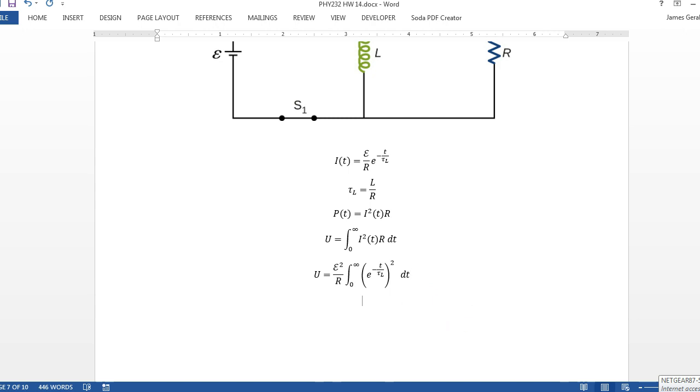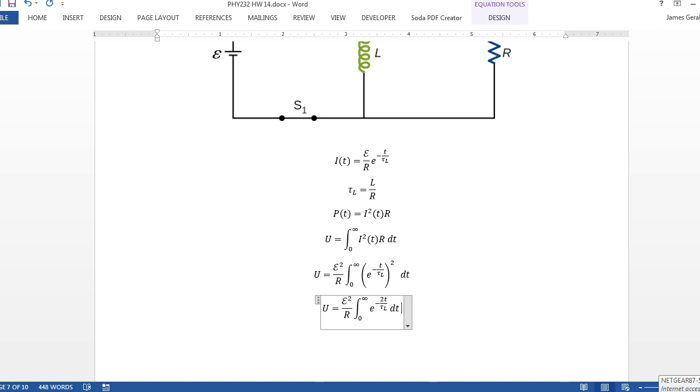When we square that exponential, it just becomes e to the minus 2t over tau sub L dt.